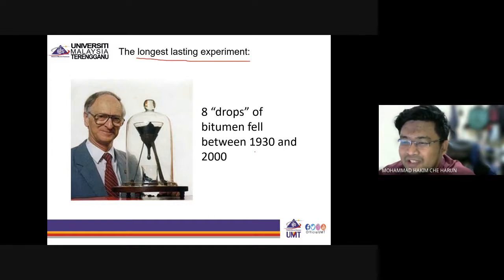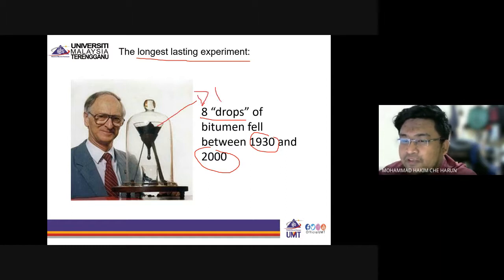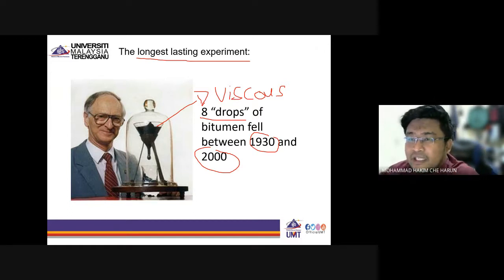It ran about 70 years, from 1930 to the year 2000, where only 8 drops of bitumen, only 8 drops of oil, actually fell. Because the fluid is viscous. This is the kind of property that we're going to learn in fluid mechanics that makes a lot of different applications.